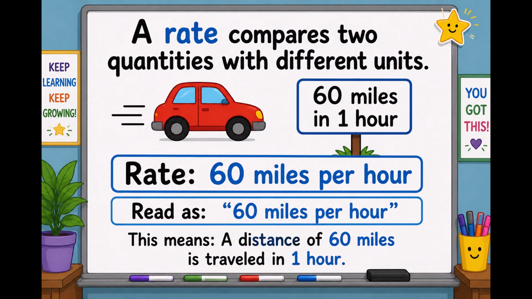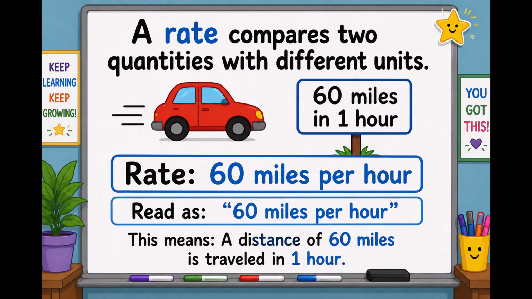So we read this as 60 miles per hour. That means the car travels 60 miles during every 1 hour of driving.